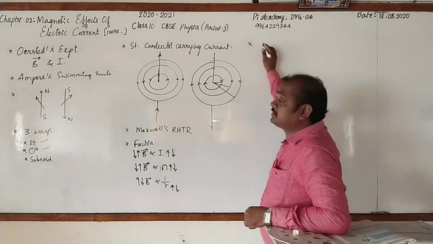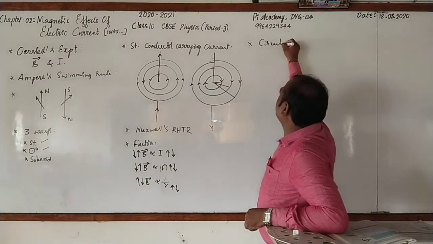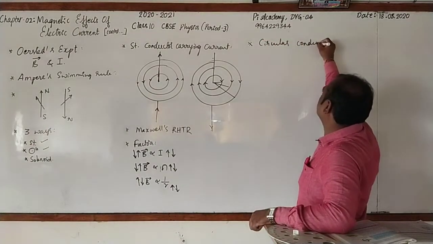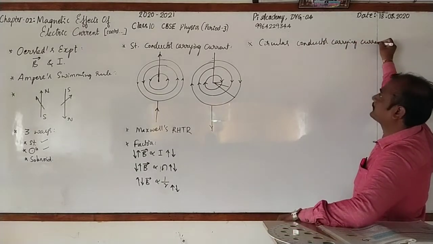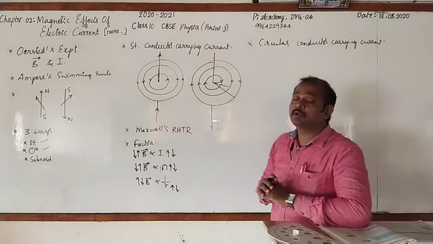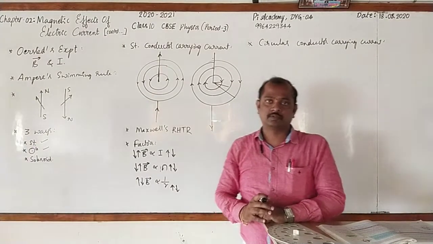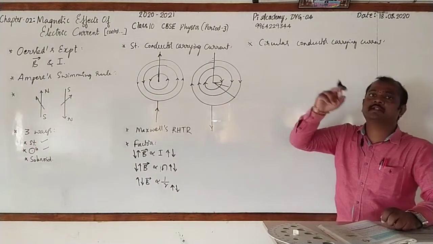What is that? It is a circular conductor carrying current. Could you tell what is the pattern of lines of force around a circular conductor carrying current?